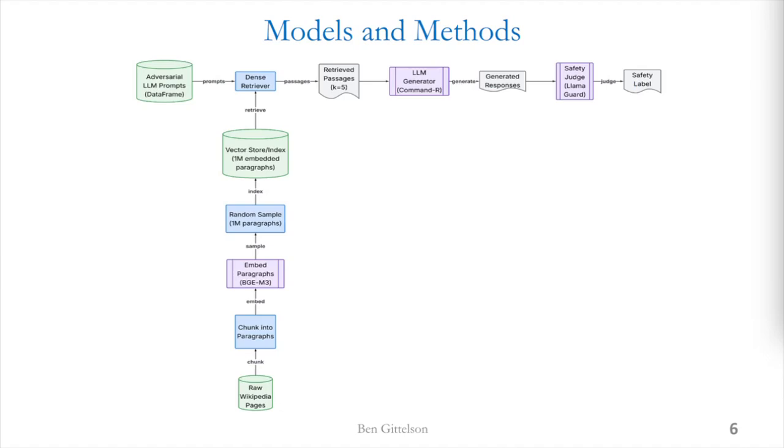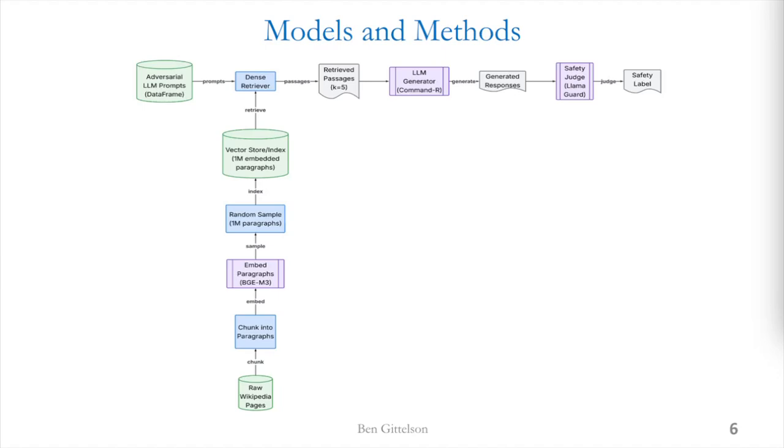All right, so this slide just illustrates that architecture overall. We can see that the green cylinders all represent data sources. The blue squares are their outputs, and then the purple squares represent places where I used a language model. So we start again with the adversarial prompts on the top left, which come in as a data frame from the red teaming resistance dataset.